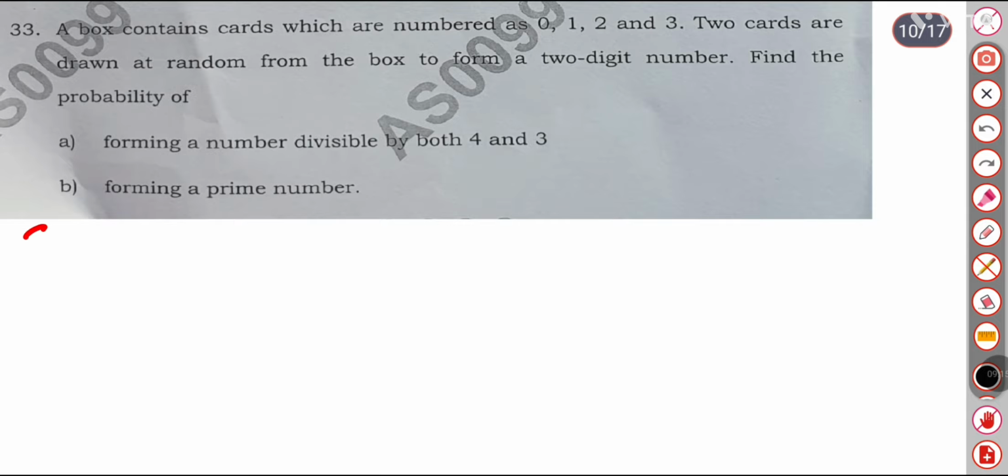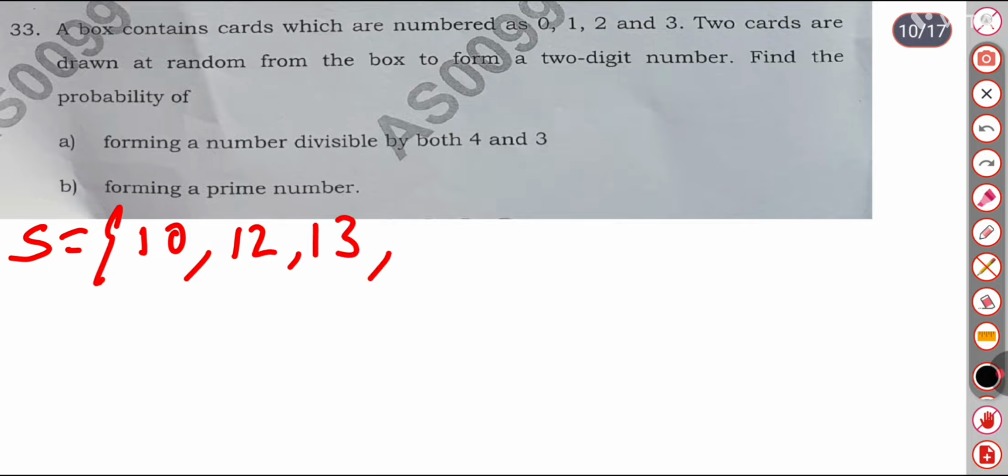S is equal to, what are the outcomes? Sample space will be from 0. You cannot write 2-digit numbers if you write 0 1, it becomes a 1-digit number, not a 2-digit number. So it will start from 1, that is 10, then 12, then 13.